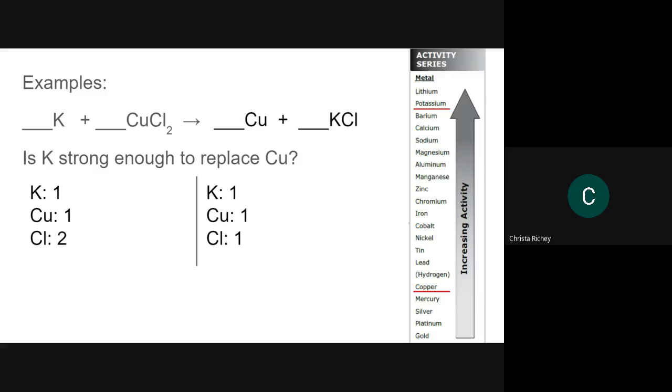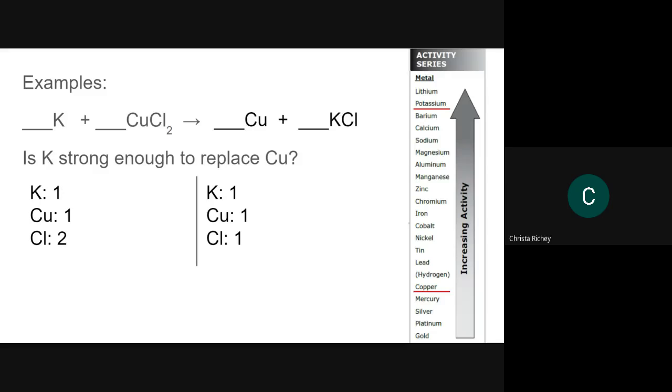Higher up on the list is stronger for both lists, whether it's fluorine, chlorine, bromine, iodine, or it's lithium down to gold. Does it have to be stronger than chlorine too? No, just the copper. Metal and metal, which includes hydrogen, or the fluorine, chlorine, bromine, iodine. But the list is still set up that the thing on the top is stronger and the thing on the bottom is weaker.